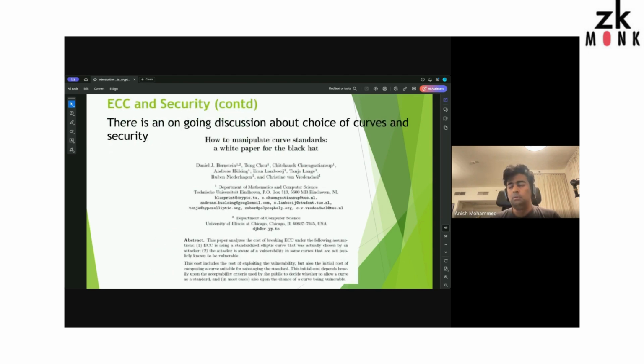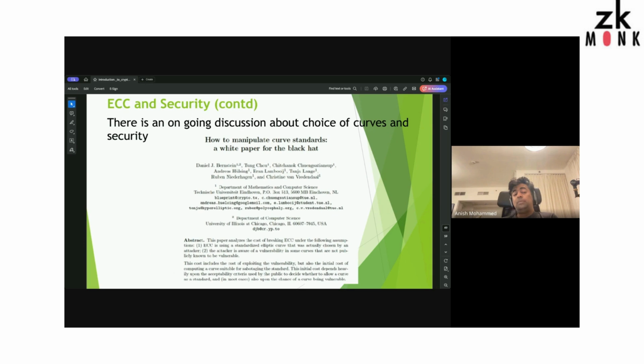Right. Okay. So I have to say this again. Whenever you have an elliptic curve that's being published, elliptic curves are very, very hard to verify, to be really sure that the curves are really secure, right?